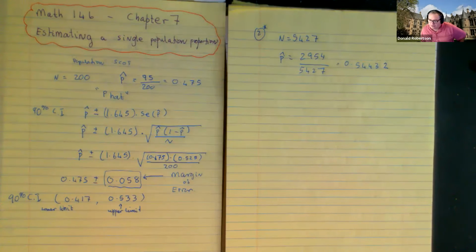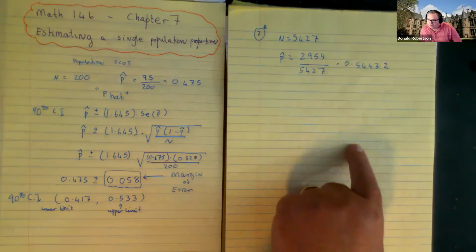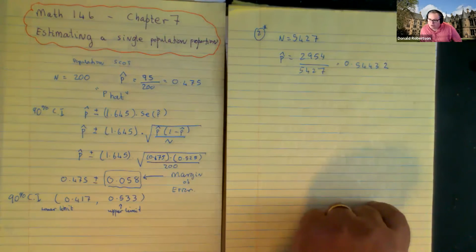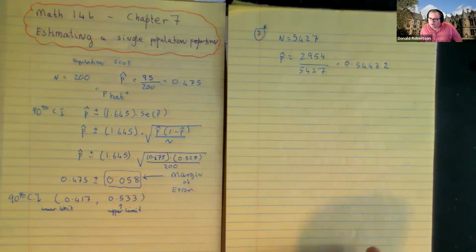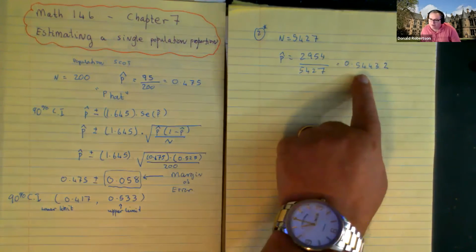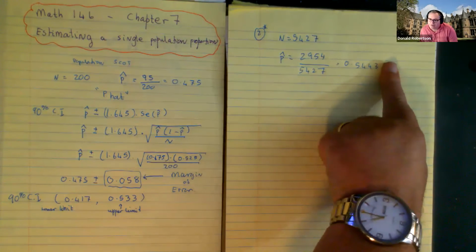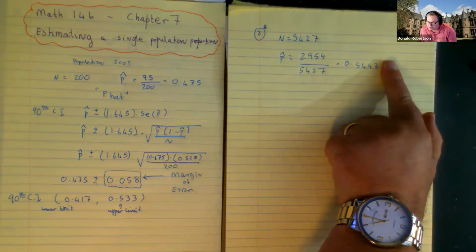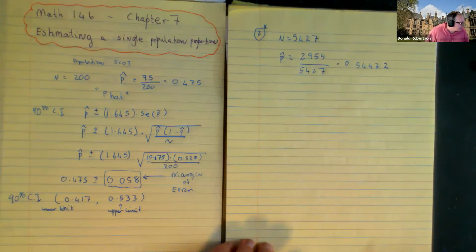So if they say do the answer to 2 decimal places, well, you do all your calculations to like 3 or 4, and only when you're finished, the last answer, round it off to 2 if that's what they want, or in this case 4. So that's why that's got 5 decimals. And the reason you do that is if you do a calculation to 4 decimal places, won't rounding off sometimes accumulate, and so your answer might be just a little bit out because of that. So it's just for accuracy.